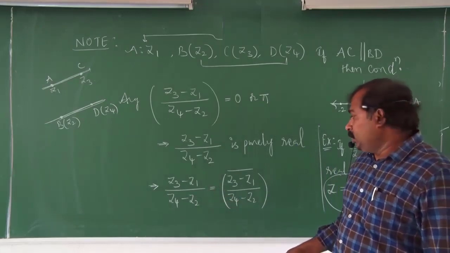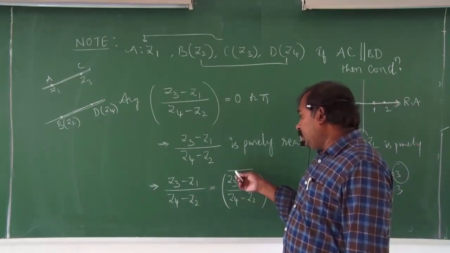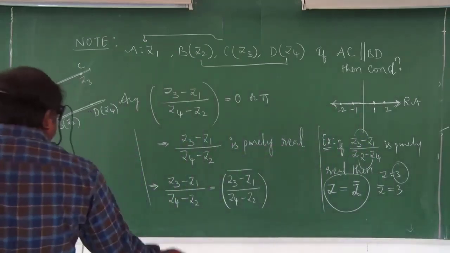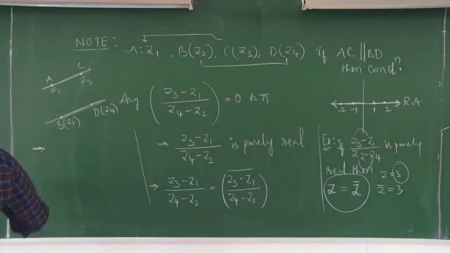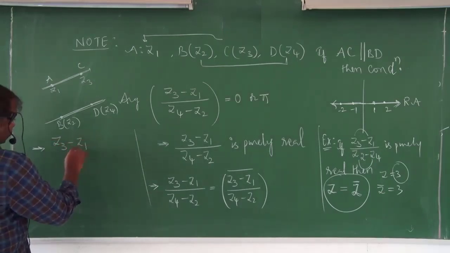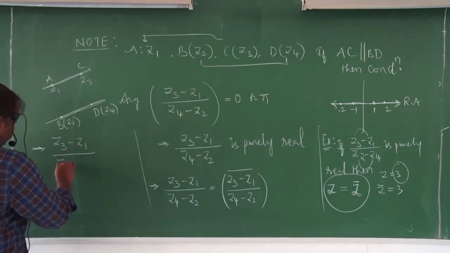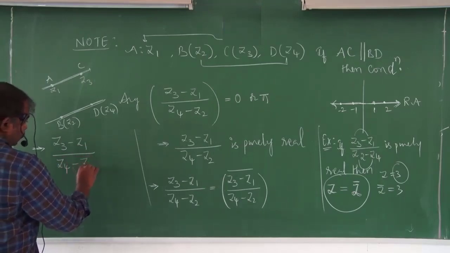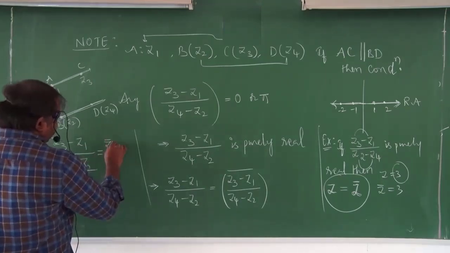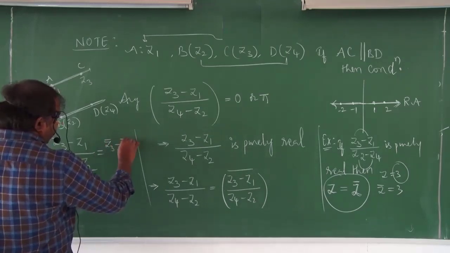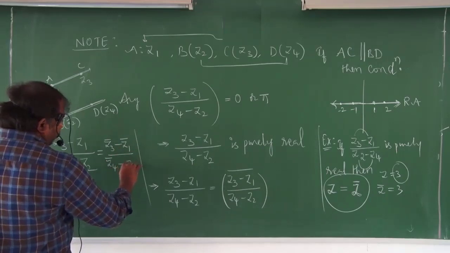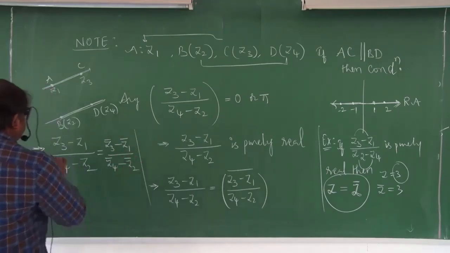Now, with the help of the conjugate properties, if you simplify, the condition becomes (z3 minus z1) by (z4 minus z2) equals (z3 conjugate minus z1 conjugate) by (z4 conjugate minus z2 conjugate).